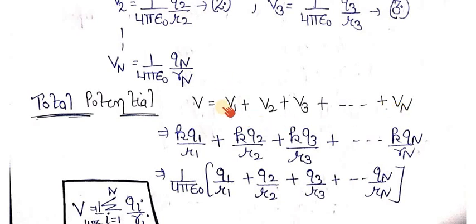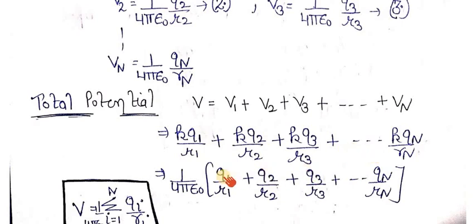The potential due to the first charge is K Q1 divided by R1. Similarly, due to the second charge, K Q2 divided by R2, and so on. So the common thing is K, right? K is 1 by 4 pi epsilon naught. I have taken it common from all these brackets.